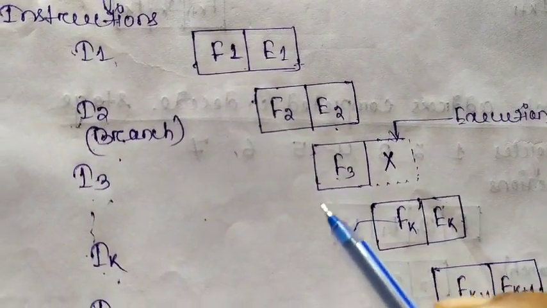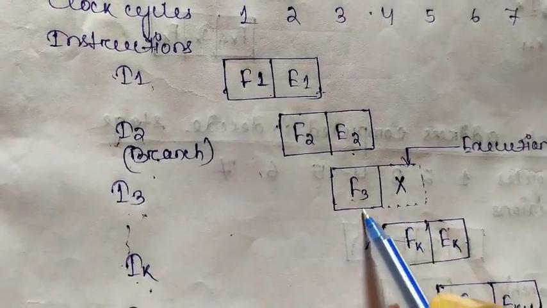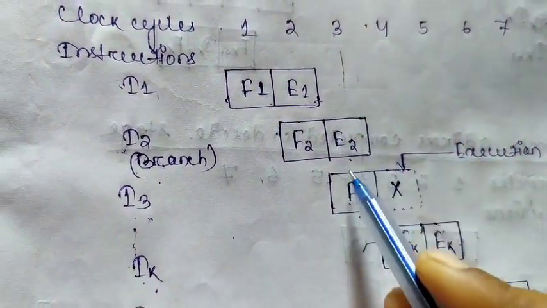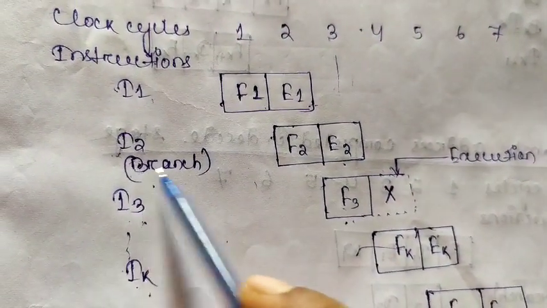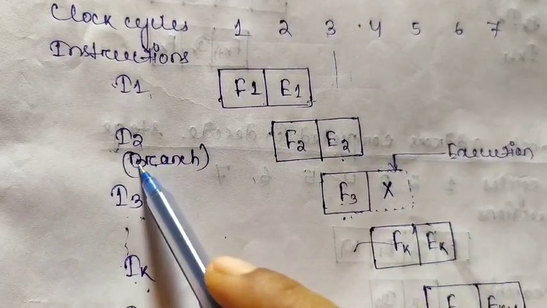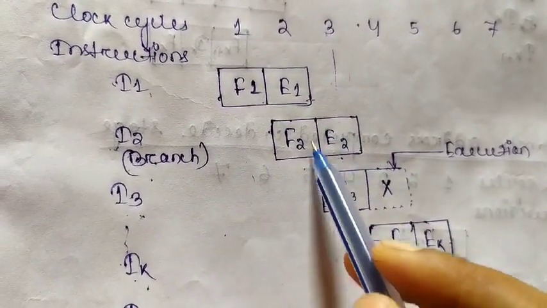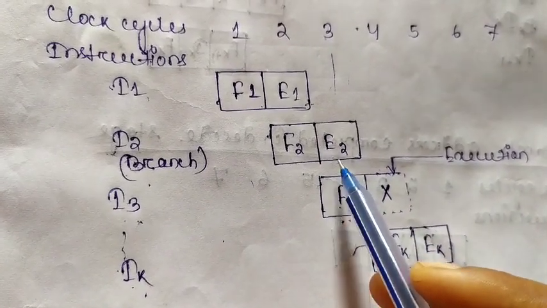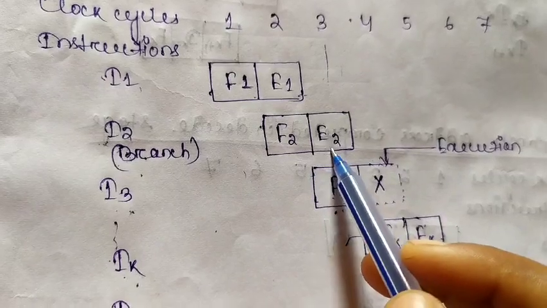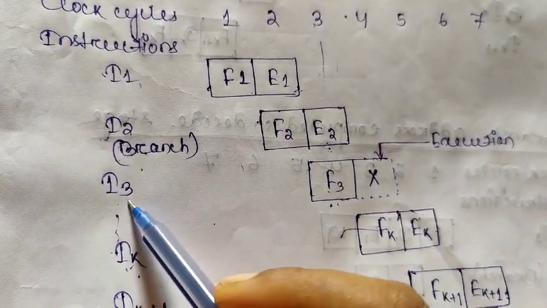Let me explain it again. When I3 is fetched, that is in the third clock cycle, I3 is already fetched, but in that clock cycle I2 is in the execution stage. So when it is executed, it will point to the IK instruction, not the I3 instruction.